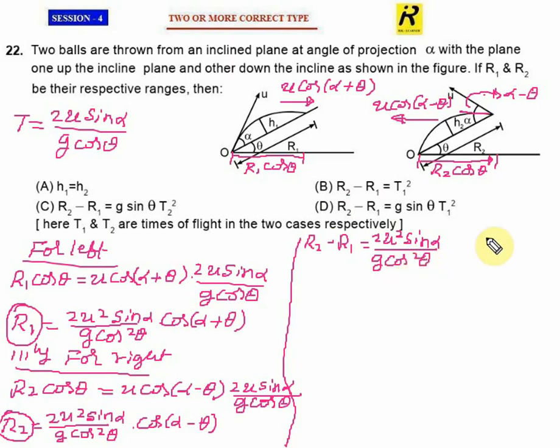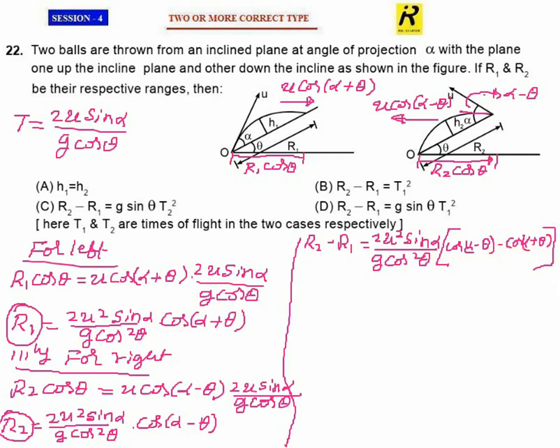Inside the bracket I should be very careful now. For R2, I should write cos(alpha minus theta), and minus, for R1, cos(alpha plus theta). These terms will remain inside the bracket.